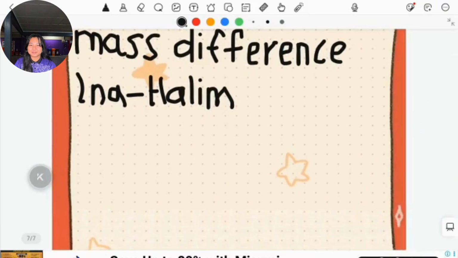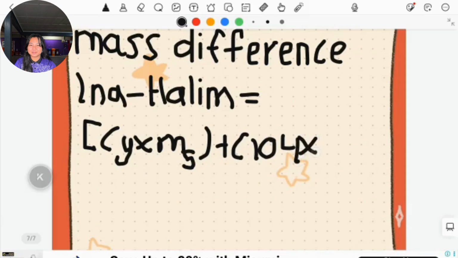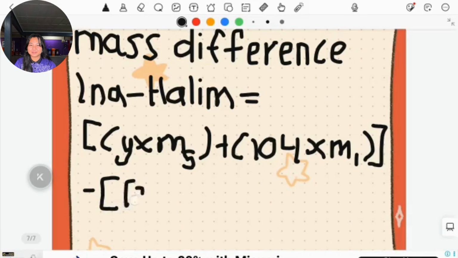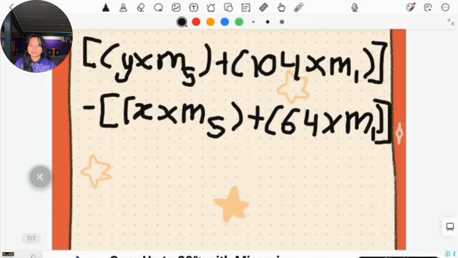Now we need to calculate the mass difference between Ina and Halim. The first step is Ina mass, which is in bracket y multiply m5 plus in bracket 104 multiply m1 minus Halim mass, which is in bracket x multiply m5 plus in bracket 64 multiply m1.